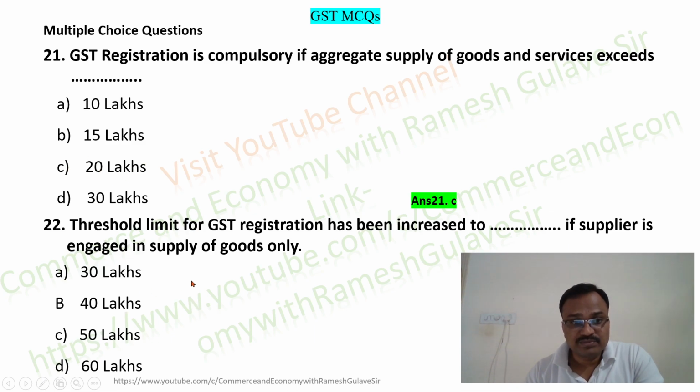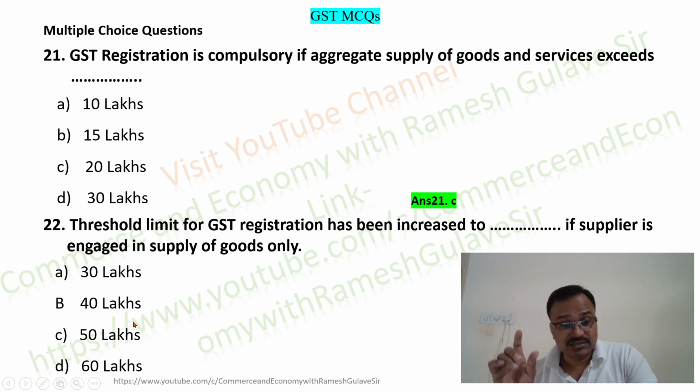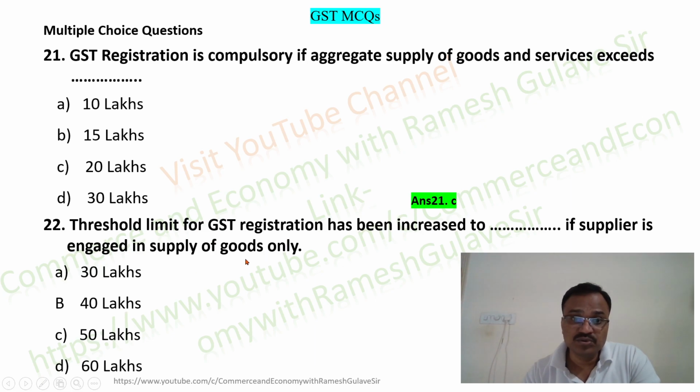Okay, so basically, with certain conditions, the threshold limit for GST registration has been increased to 40 lakhs if the trader or supplier is engaged in goods only, okay, not services, right? I hope this is clear now.